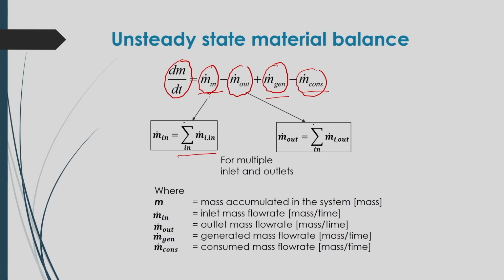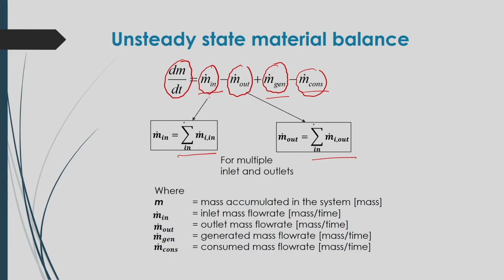In this way you can calculate. If there is more than one component, you have to consider each individual component separately, and adding up all those component mass flow rates, you get the total amount of mass coming into the system as input.